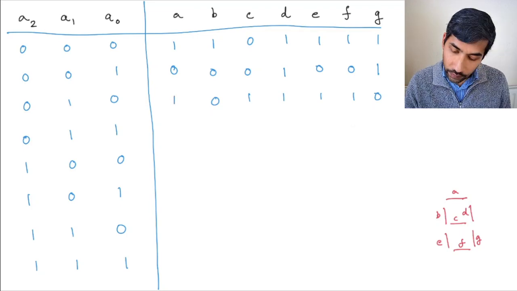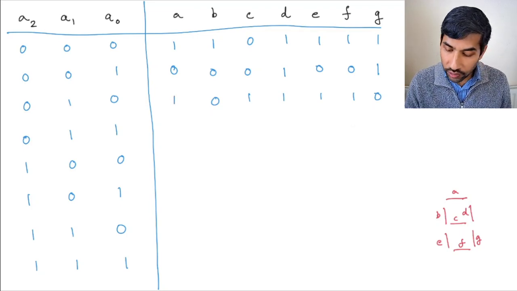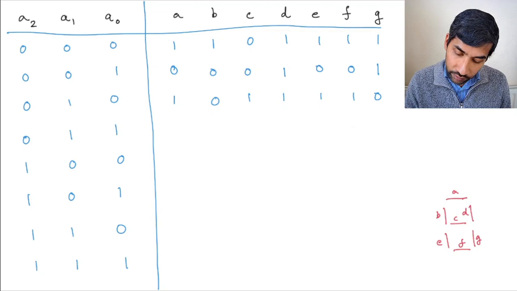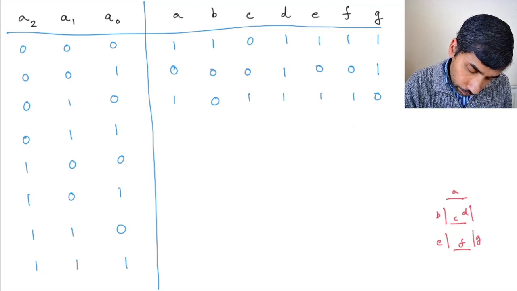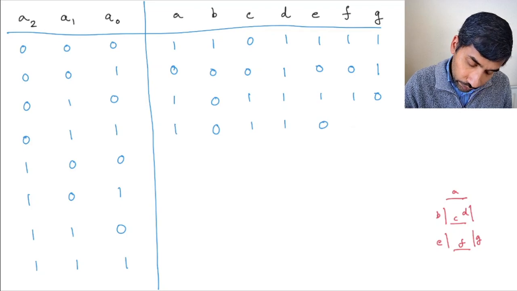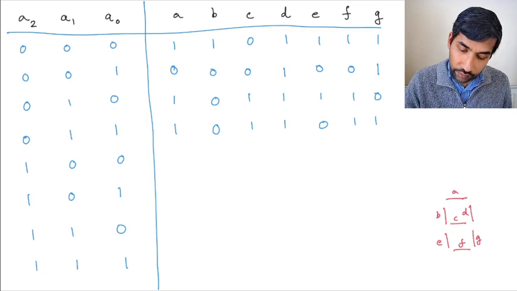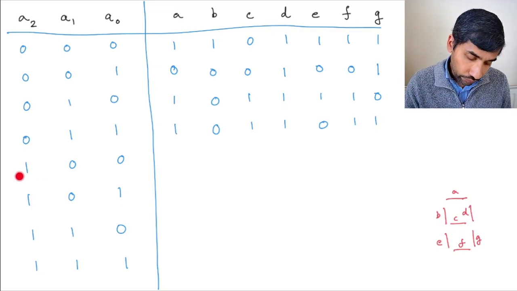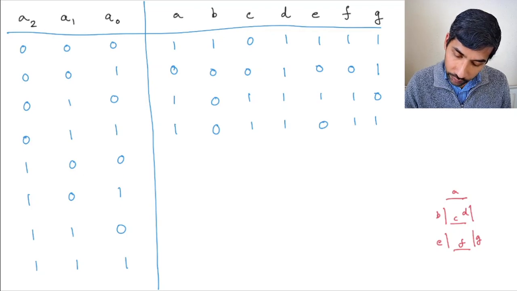Now to display 3, we want B and E to be off and all others to be on, right? So B and E will be off and all others are on. To display 4, you'll write something like this.